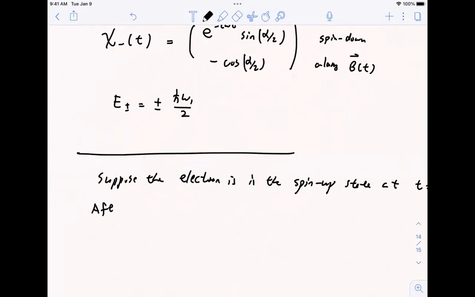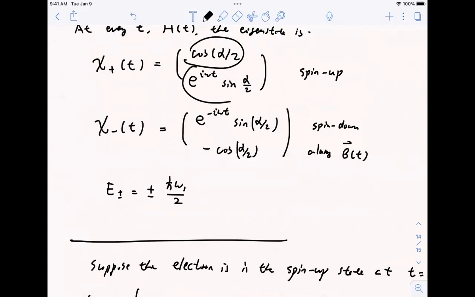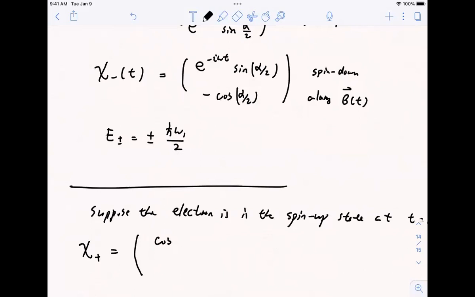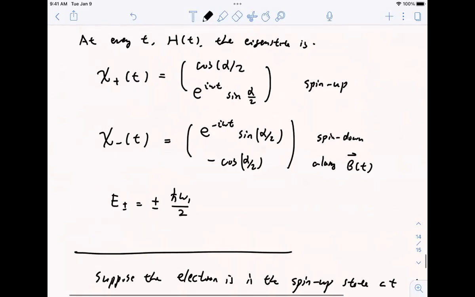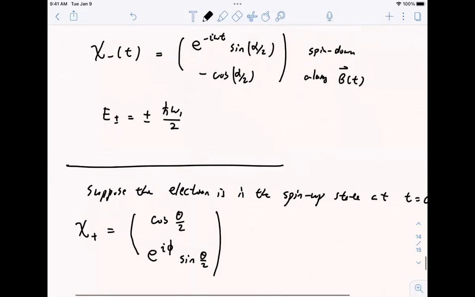So the state is this, equal to, you just take this one, cosine theta over 2 and e to the i phi.